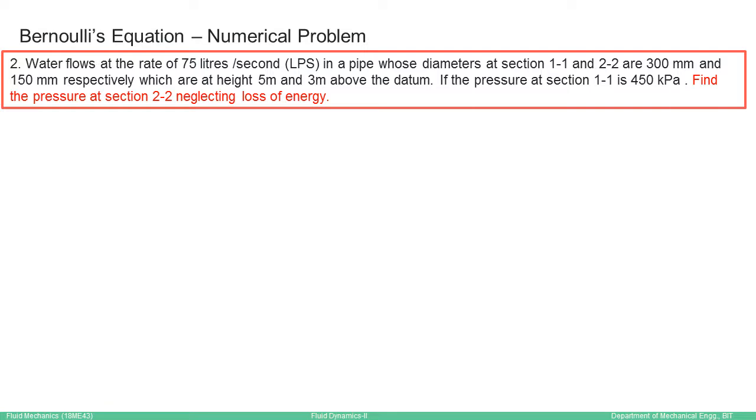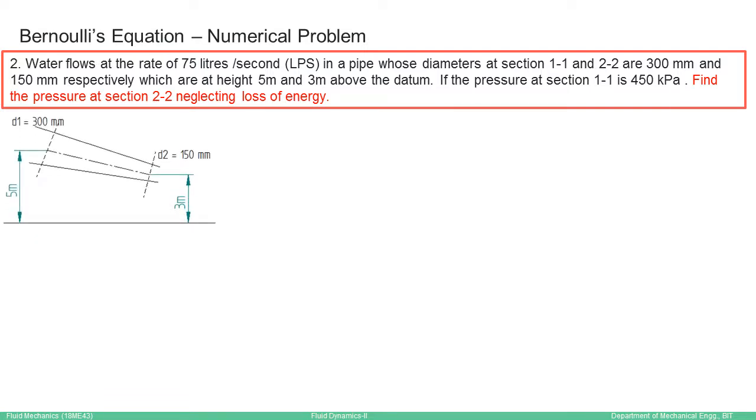It is not mentioned in this problem whether the flow is from section 1 to 2 or from 2 to 1. But anyhow, the energy head at section 1 is equal to the energy head at section 2. So let us first formulate the problem correctly. We take the section where diameter d1 is 300 millimeter as section 1 and d2 as 150 millimeter, that is at section 2.